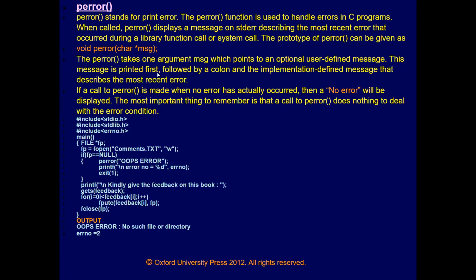This message is printed first, followed by a colon and the implementation-defined message that describes the most recent error. If perror is called when no error has actually occurred, no error will be displayed. The most important thing to remember is that a call to perror does nothing to deal with the error condition.